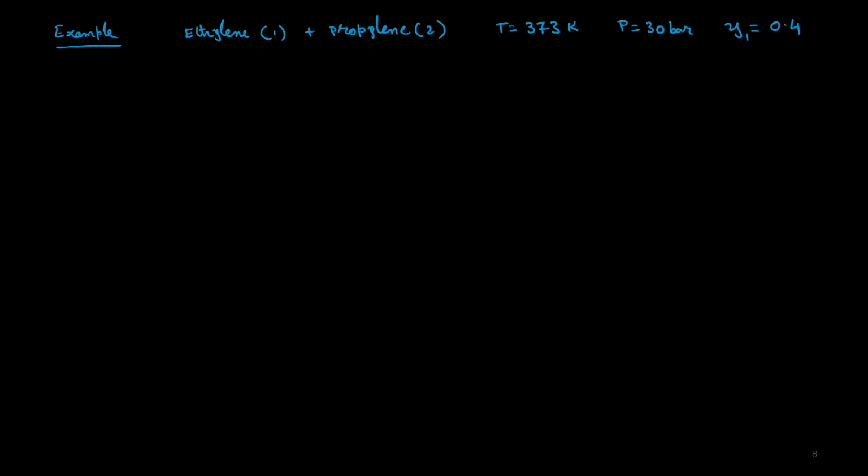These are the conditions given to me, and I'm interested in calculating phi1 hat, phi2 hat, the fugacity coefficients for species 1 and 2, as well as the fugacities for species 1 and 2 in the mixture using, let's say, the Peng-Robinson equation of state.